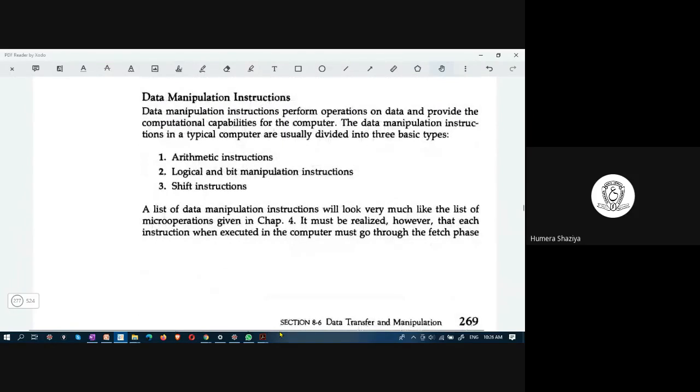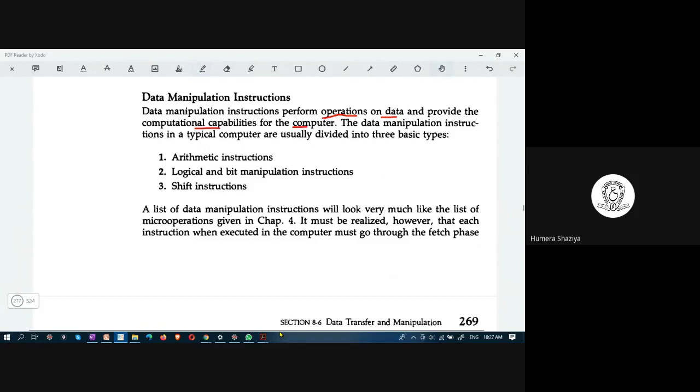moving on to data manipulation instructions, which is the second kind of computer instructions. Data manipulation instructions perform operations on data and provide the computational capabilities for the computer.